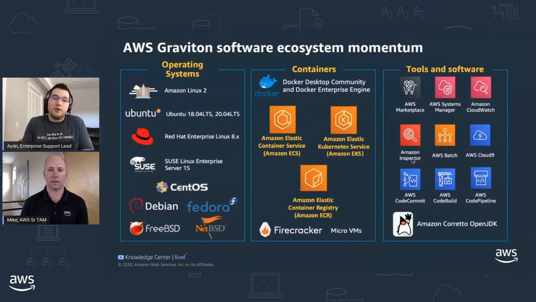So moving into containers, for years Docker has supported ARM64 development and multi-architecture containers, and also with the orchestration services, ECS and EKS, which recently came out of private preview for ARM64 in August.